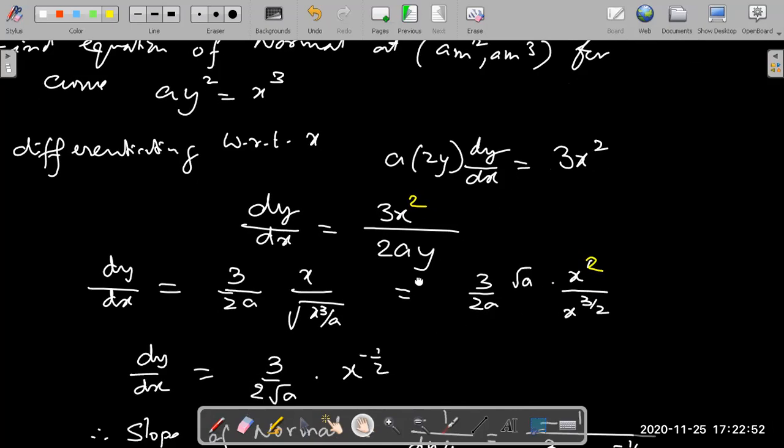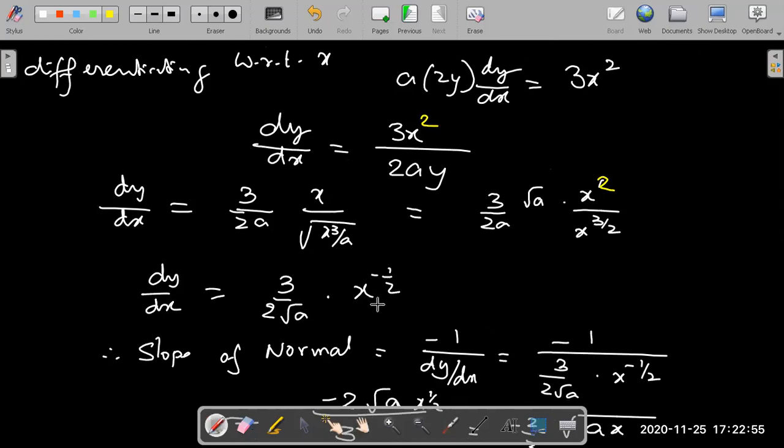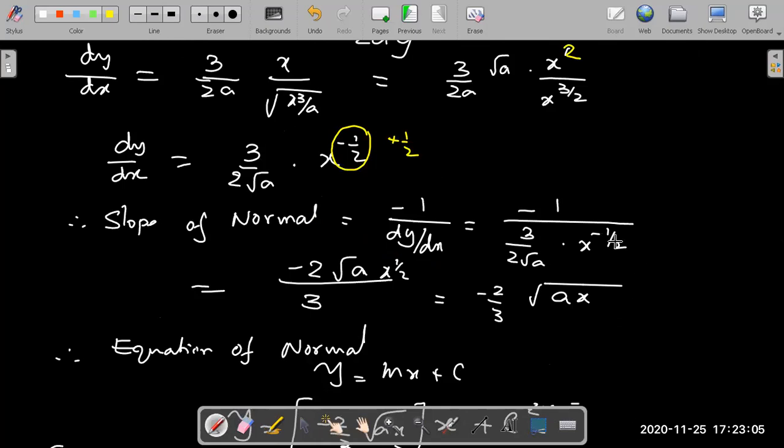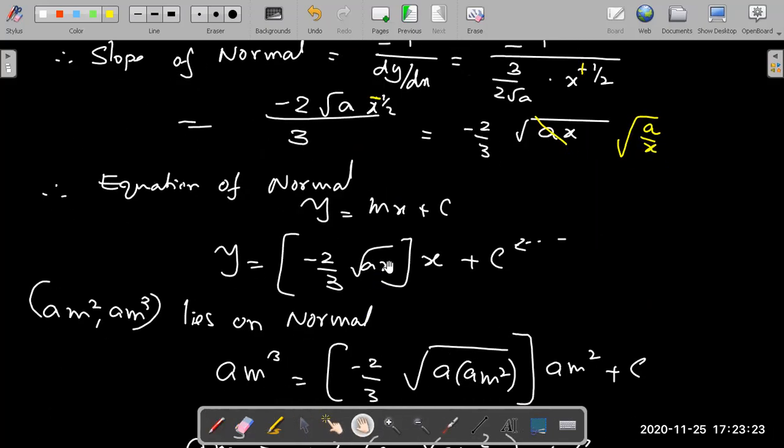If it is 2 minus 3 by 2, then it's a plus half, not minus half. So this becomes plus half. If it is a plus half, then this also becomes plus half. And so when it goes up, it becomes minus half. So it is root a by x, that is root a divided by root x.